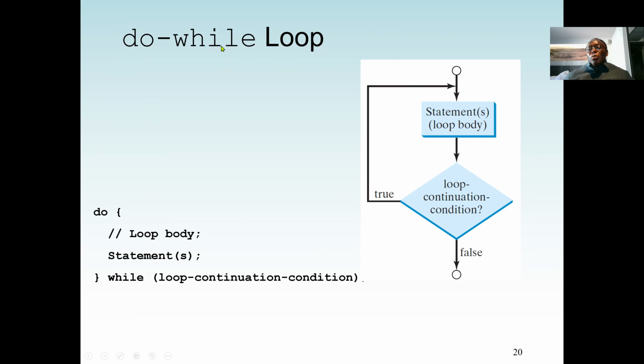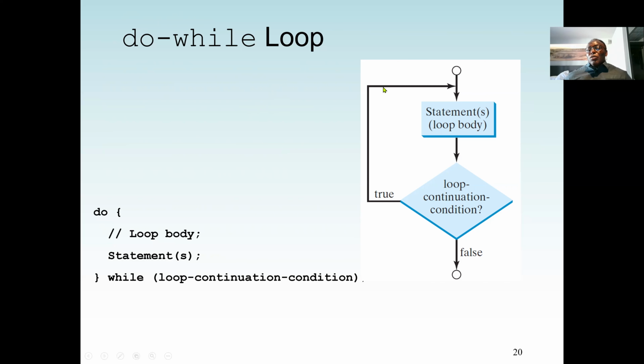But with do-while loop, first we execute the statement in the loop, then we start to check the condition. So we always say the difference between do-while loop and while loop is that in do-while loop, at least the loop executes once. While loop, sometimes it may not execute at all. The reason is that in do-while loop, we execute our statement first before we check the condition. With while loop, we check the condition first before we do execution.